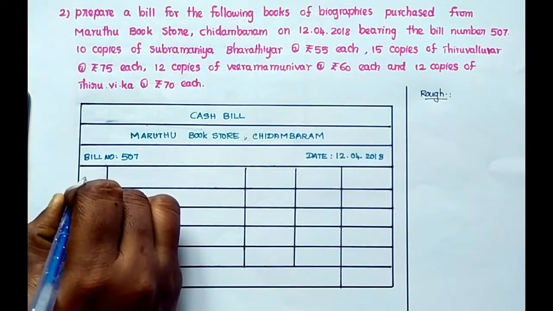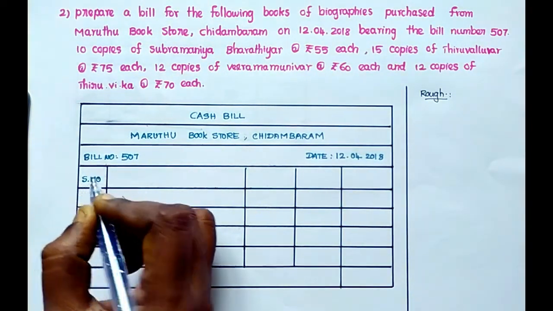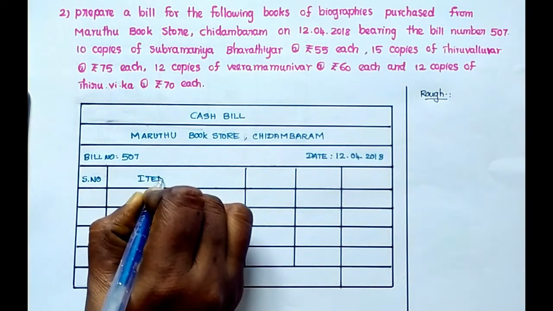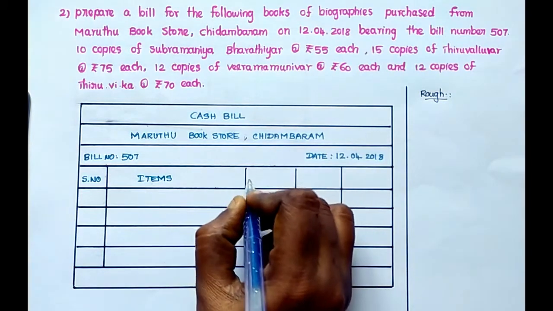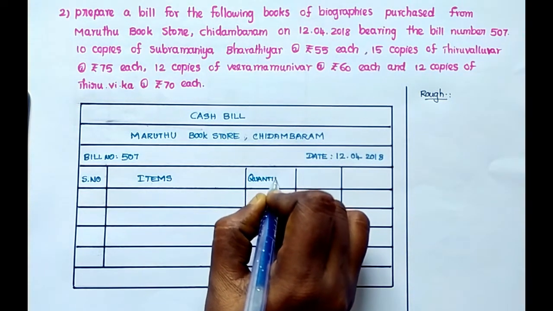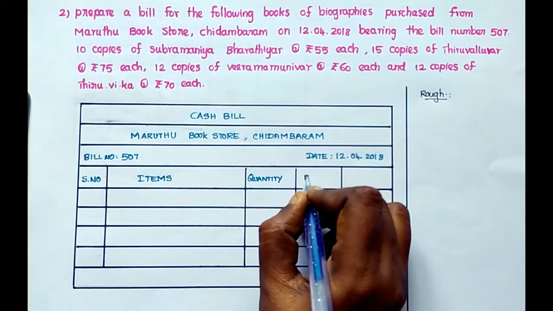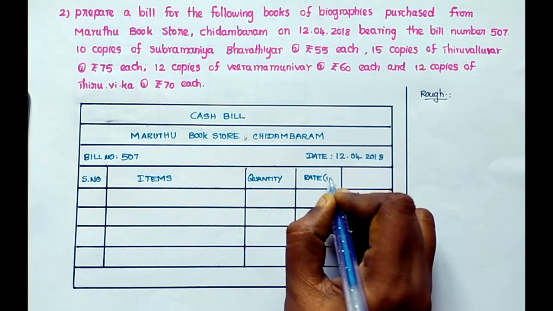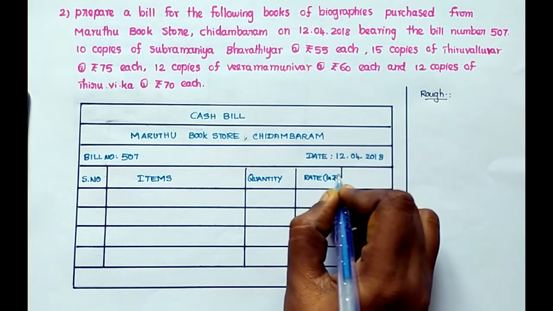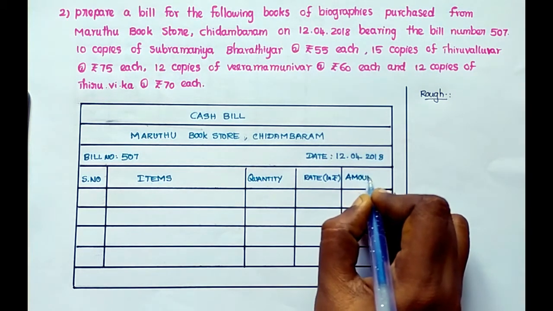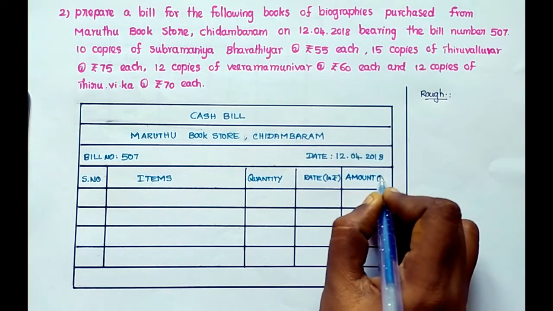Next, serial number here, items, quantity, here rate in rupees and amount in rupees.